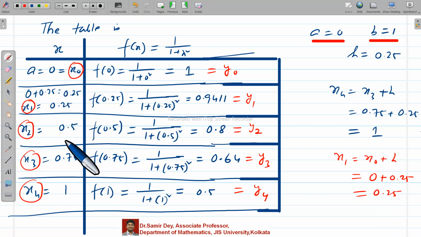So this is the process by which you can calculate x0, x1, x2, x3 and x4. After getting it, the function is given, you just replace x values one by one. When you substitute x0 you will get y0, when you put x1 you will get y1, when you put x2 you will get y2, and so on. So now we have the table. The table is important because the main calculation is based on the table. Clear?